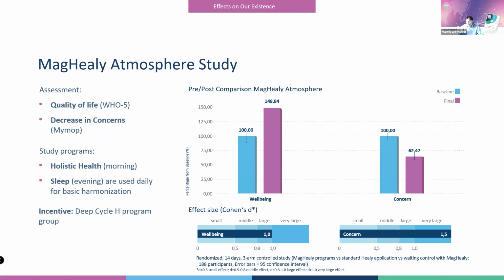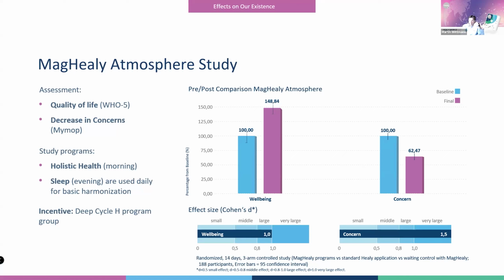I mean, we also did recently the sleep study with the McHealy Plus programs, or McMakin Plus programs. And they are quite interesting because there we used a placebo-controlled study for the first time.